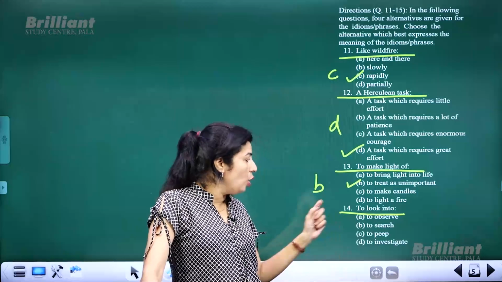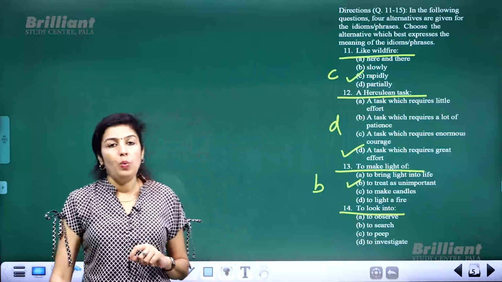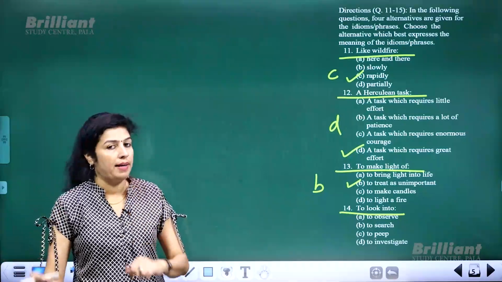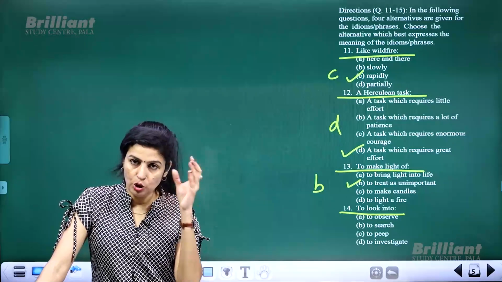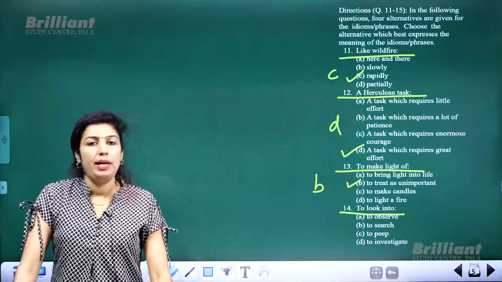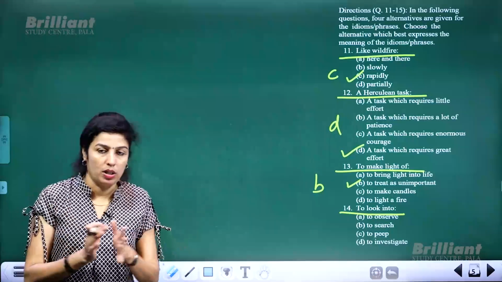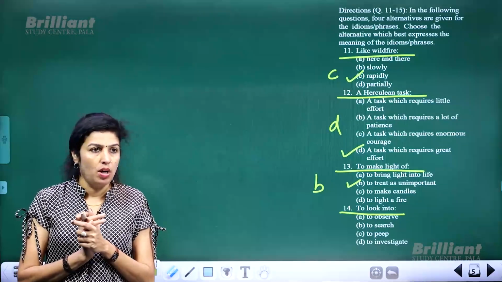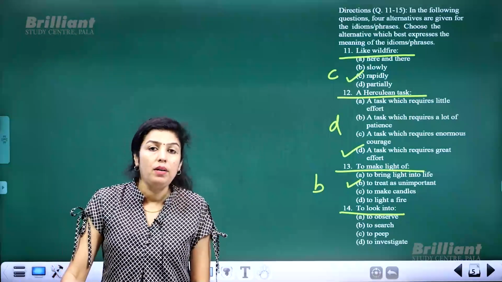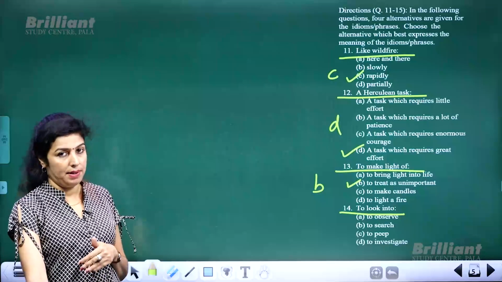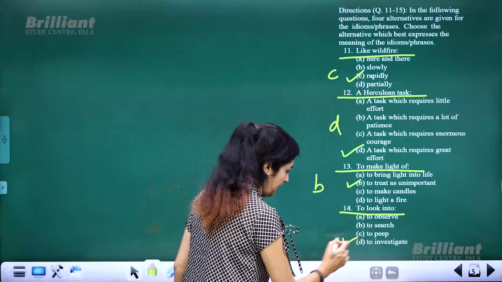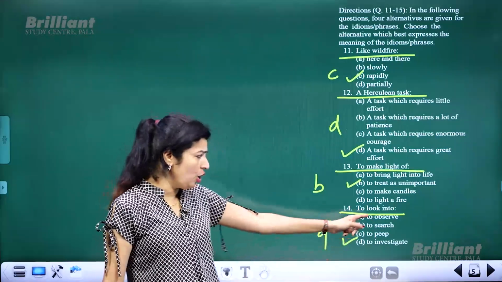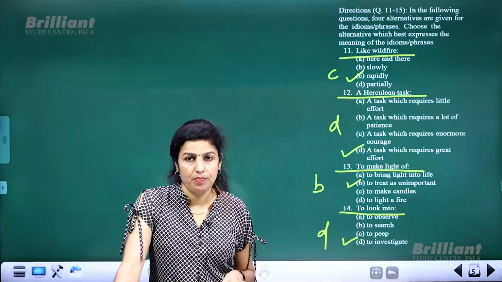Now, to look into. When I say I want to look into the matter, what do I really mean? To look into does not mean just to think about a thing or just to analyze a thing, but to go deep into that matter. That means literally I want to investigate. Option D. Not to simply observe it.